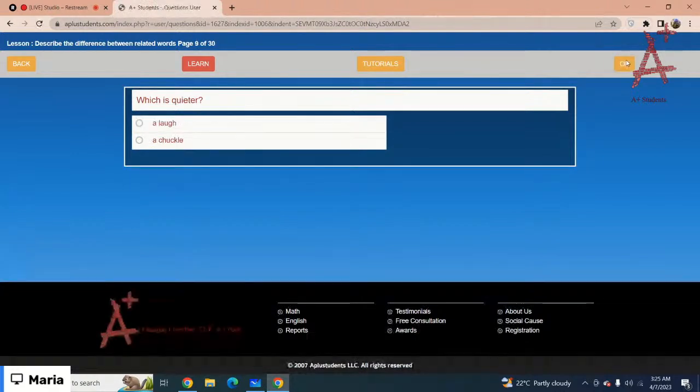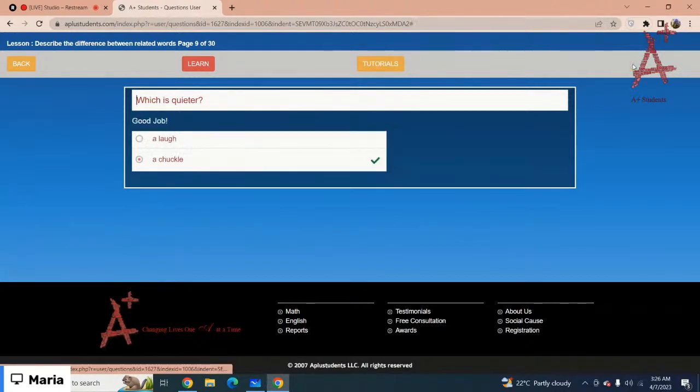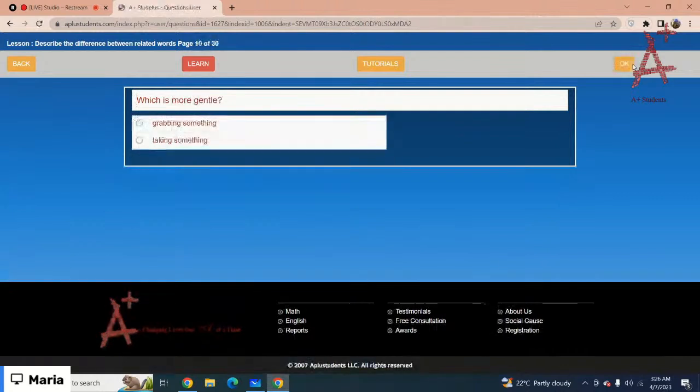Okay, which is quieter, a laugh or a chuckle? It would be a chuckle. Got it? Because it must be silent. So a laugh is not the quieter. Got it? A chuckle is the quieter.